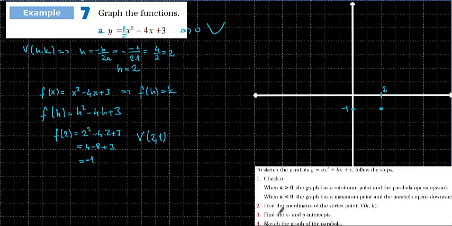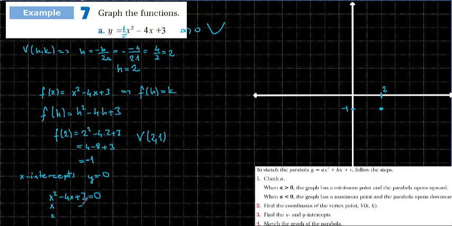In the third part, it says to find the x and y intercepts. For the x-intercept, if you remember, y was equal to 0, which means x squared minus 4x plus 3 is equal to 0.